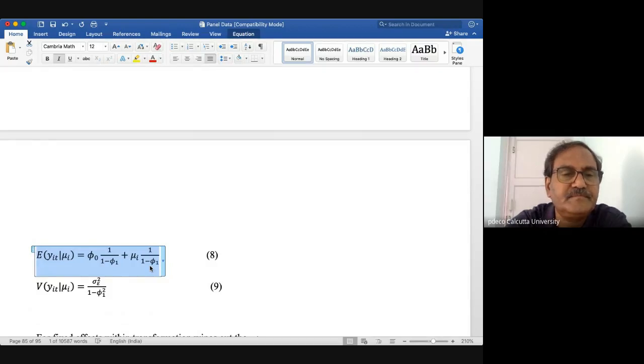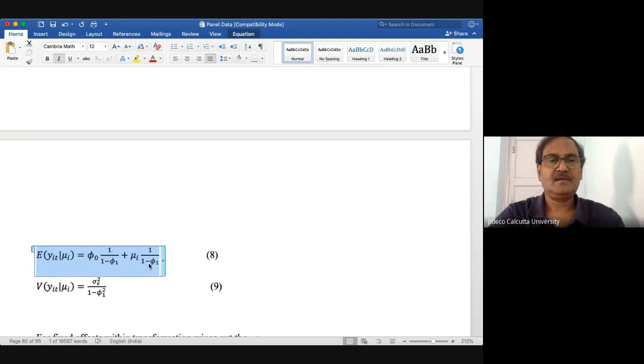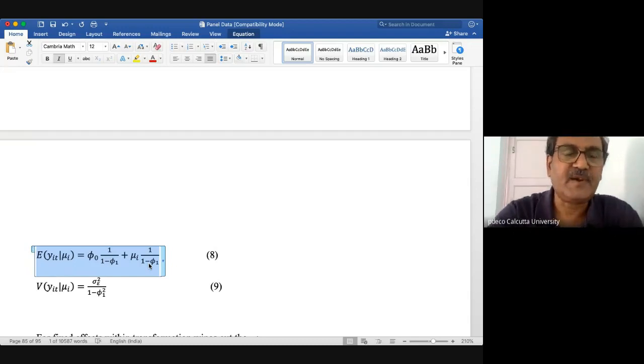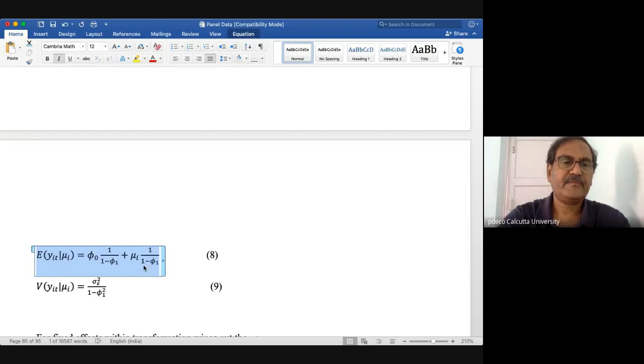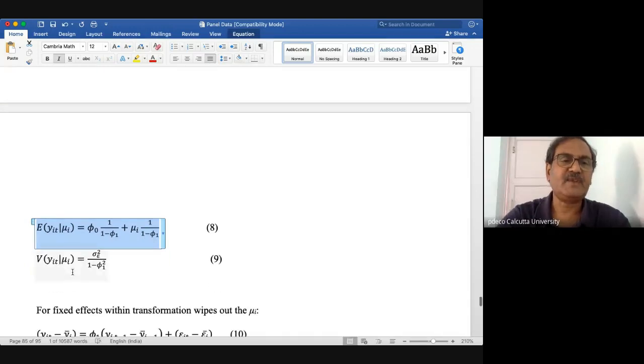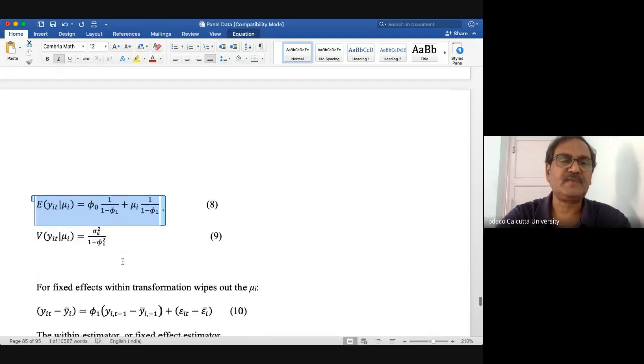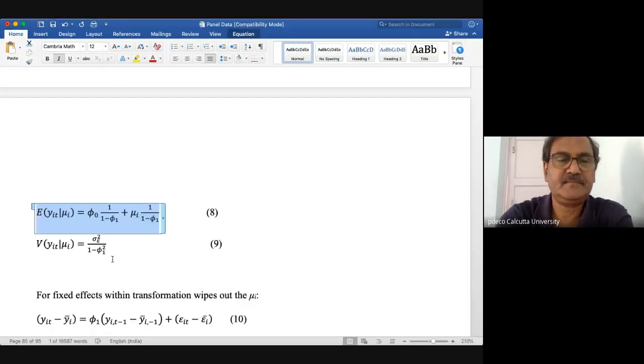Okay. And you can compare this result with our previous time series case. If you put the second part equal to 0, you can get the result for a single time series. Similarly, the variance for yit is equal to sigma square epsilon by 1 minus phi 1 square.